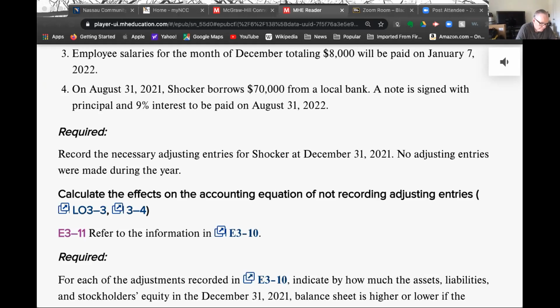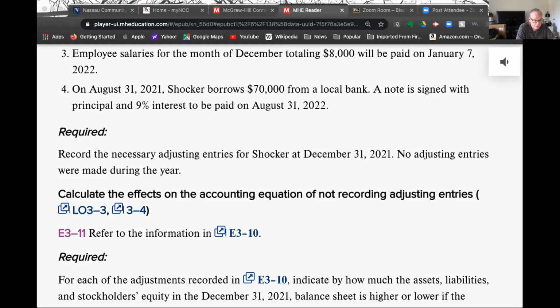Number 2. I have a question. Yes. What'd you say was debited and credited in that sequence? The original entry when you got paid was to debit cash and credit deferred revenue. Right? Because they told you deferred revenue is credited. Shocker receives a $4,500 payment from a customer, right?